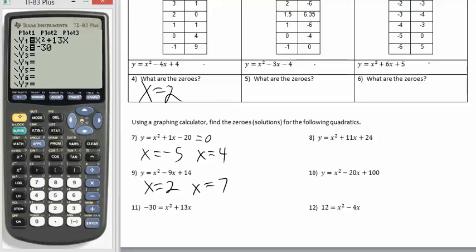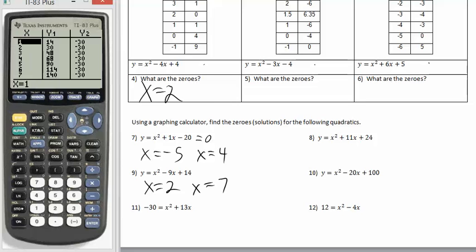So if I go into my table, I'm going to look for where both y1 and y2 are the same. So I'm going to look for where they're -30. So there's one of them. So at -3 is one of our answers. And the other one should be at -10. There it is. So those are both the same at -10.